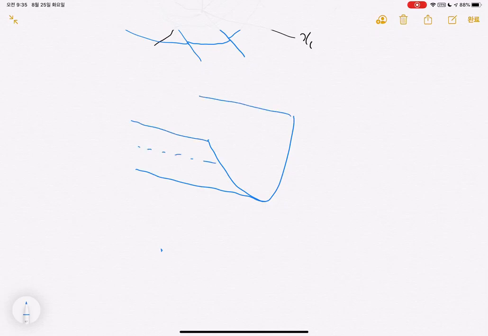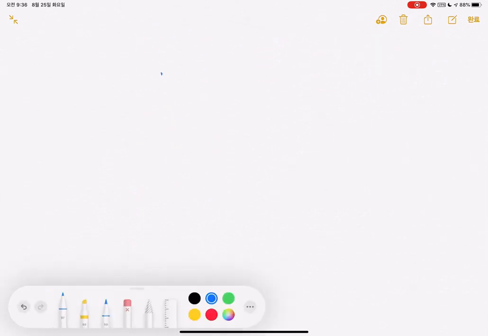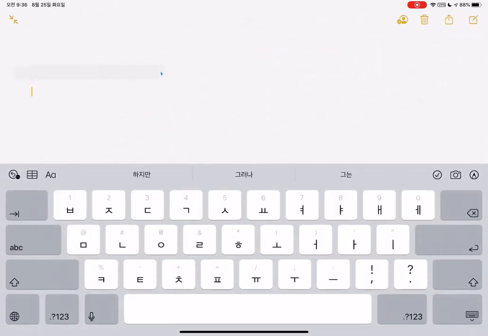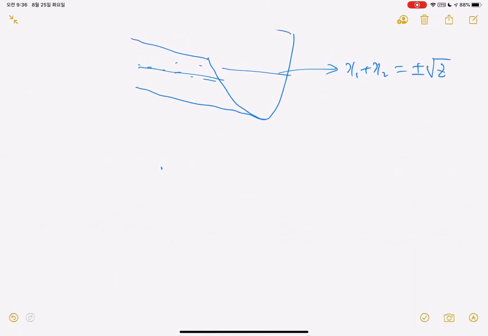And this line here is x1 plus x2 is plus minus square root z. Okay. Now the quadratic form has an important role in minimization problems.